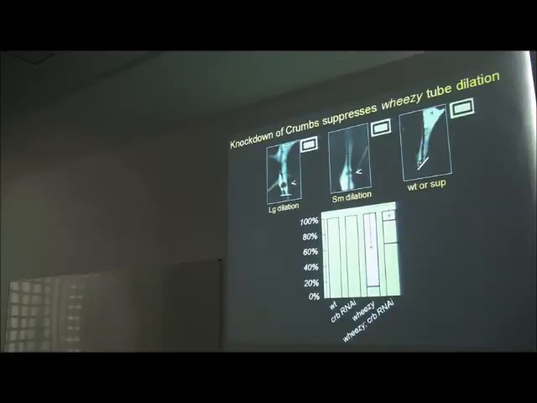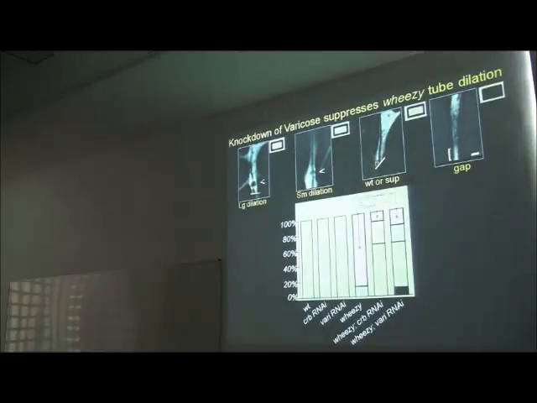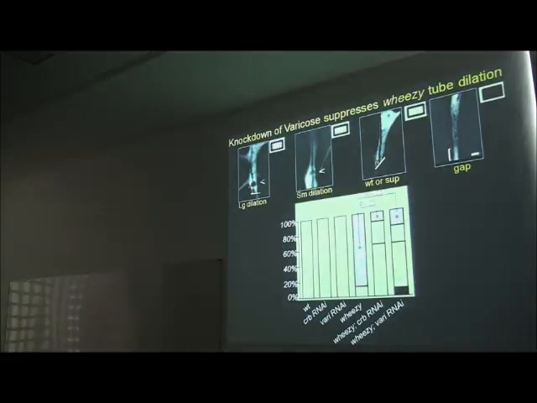So, strong suppression. Likewise, we can suppress the large dilation defect by knocking down varicose, which is a component of the septate junction. Again, you get a pretty strong suppression.